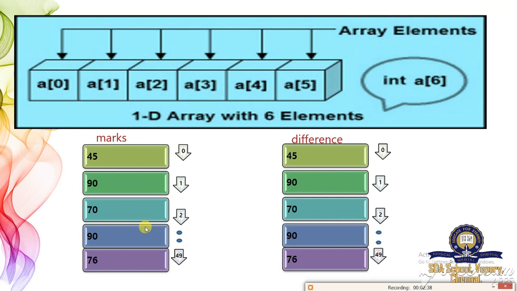Therefore, arrays are very useful where quite many elements of the same type need to be stored and processed. Here the marks are elements and the differences are also elements. So to store the elements, we can use one variable having the same name, that is marks.